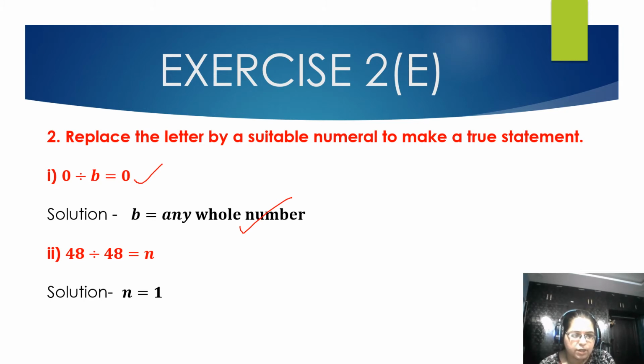Second bit is 48 divided by 48 equal to n. We know any whole number divided by itself we get 1 only. So n equal to 1. So n can be 1 only.